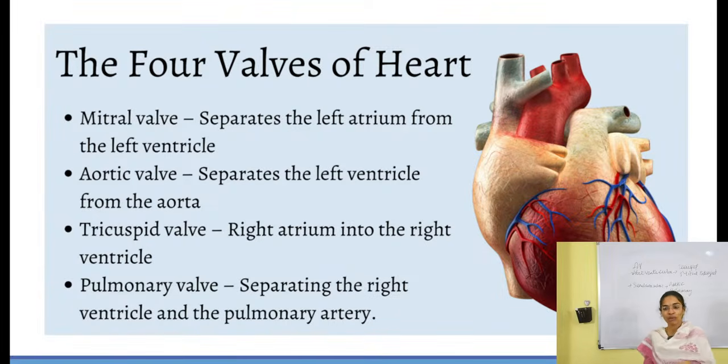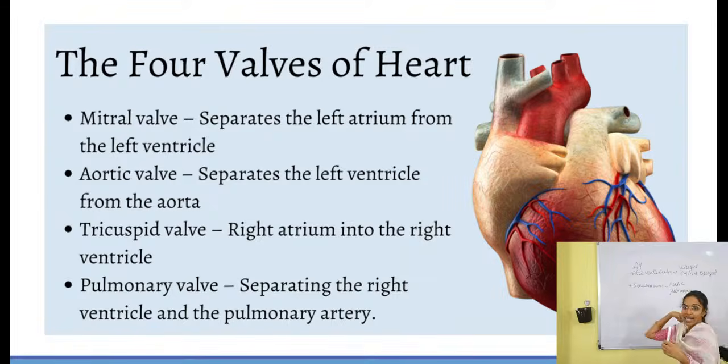Next is the pulmonary valve, which separates the right ventricle and the pulmonary artery. What does the pulmonary artery carry? It carries deoxygenated blood to the lungs for purification. It is the only artery that carries deoxygenated blood.